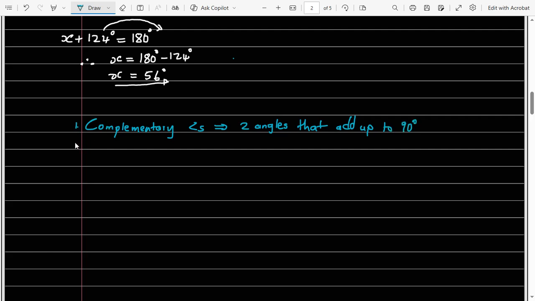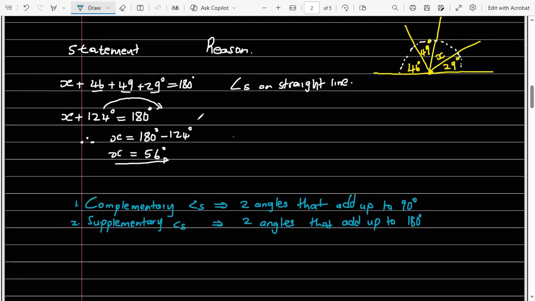That's the first one. The second one is supplementary angles. You also need to understand how to use this. These are two or more angles that add up to 180 degrees, which is what we just did in the previous example.